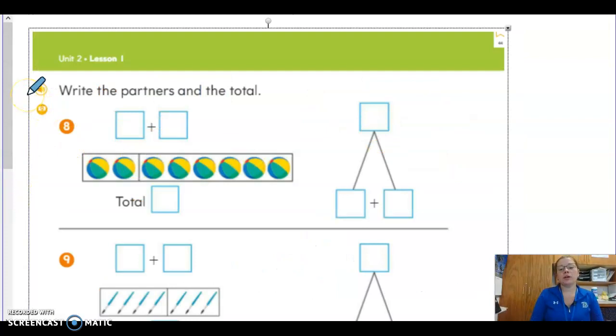Okay, here we're going to write the partners and the total. So here we have 1, 2, plus 1, 2, 3, 4, 5, 6. Here are the partners. Here, right here, it says total. How many beach balls are there total? Count them out.